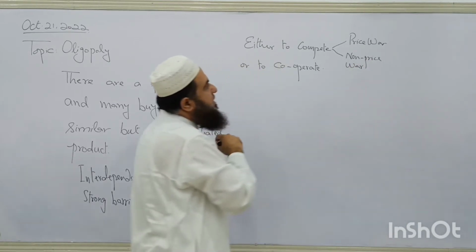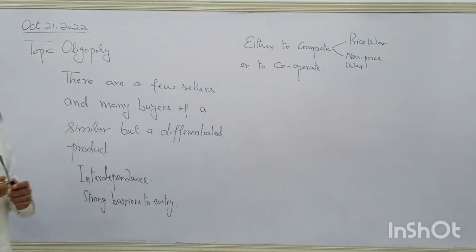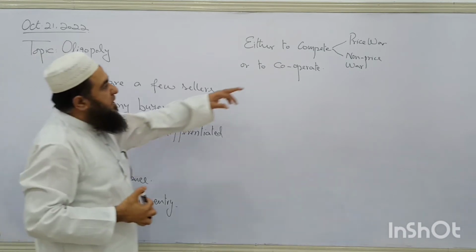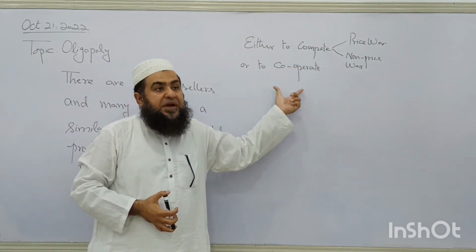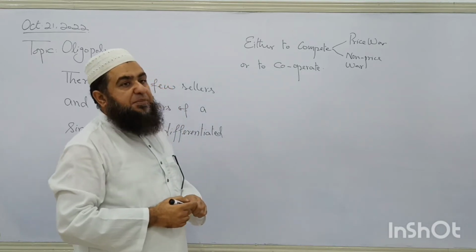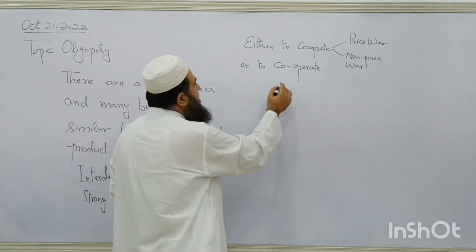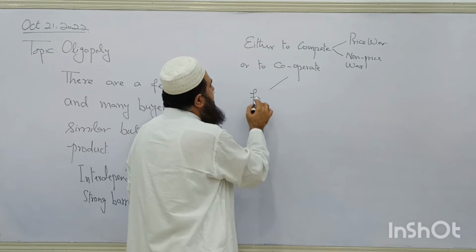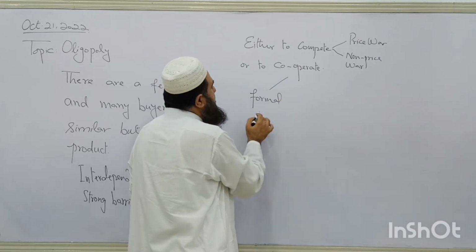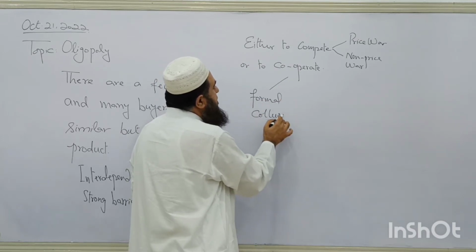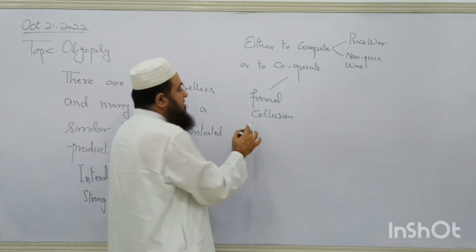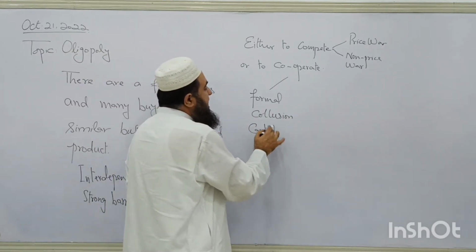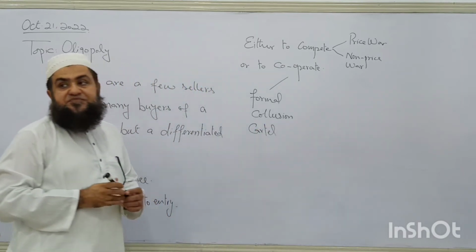Now the cooperation: if firms decide not to compete with each other, they will have the other option to cooperate with each other. So what type of cooperation will they have? That can be a formal cooperation or formal collusion. Firms merge with each other, they make a cartel by writing an agreement for each member firm.